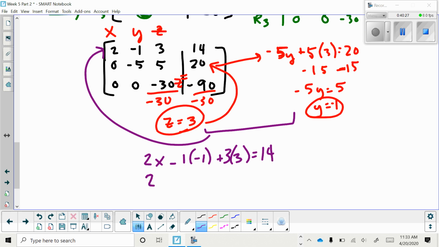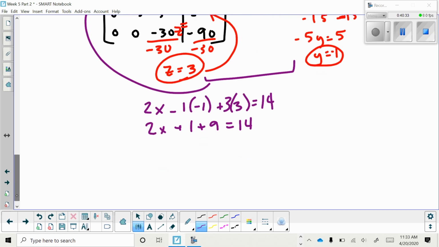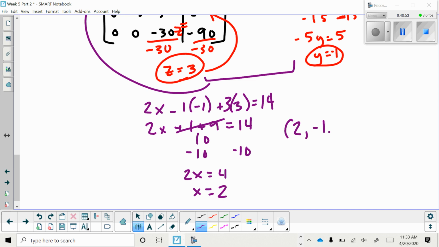Be careful with your negatives. 1 plus 9 is 10. And I'm going to subtract that from both sides. 2x equals 4, divide by 2, x equals 2. Last but not least, oh my gosh, this is the longest lesson that ever existed in distance learning. X is 2, y is -1, z is 3.